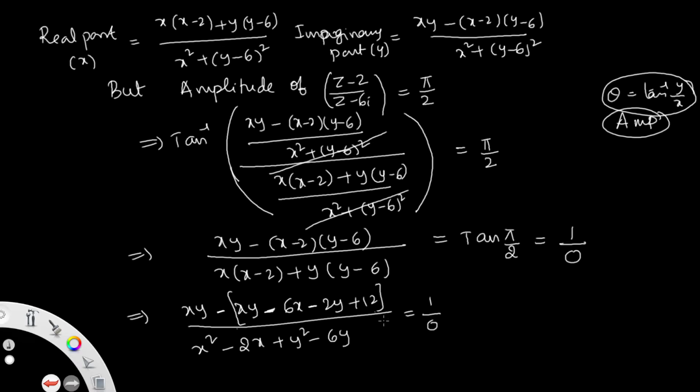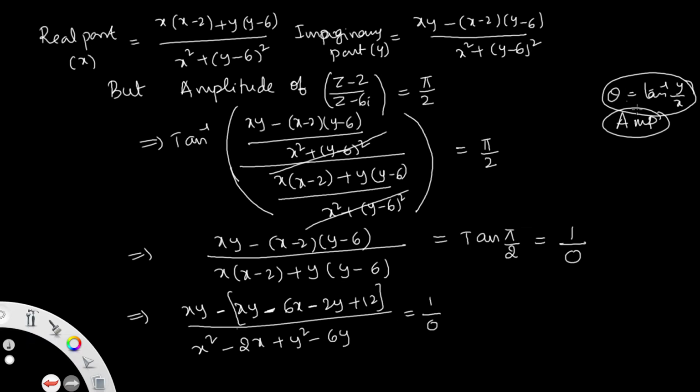So what we have done here: the total real part is taken, the imaginary part is taken, but the amplitude given in the question, the amplitude of z minus 2 by z minus 6i, equals pi by 2. The amplitude means tan inverse of y by x.